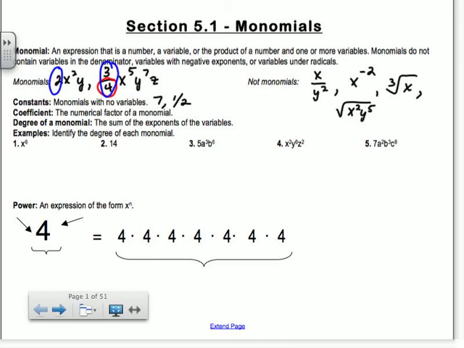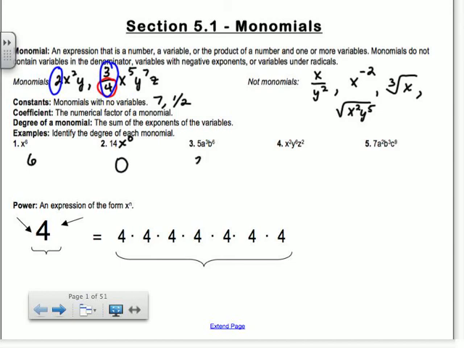Okay, so on number 1, my degree is going to be 6 because it's x to the 6th. Number 2, what's my degree for number 2? There isn't a degree? So it's not 1, it's 0, because there's no x's, it's x to the 0. So there's 0 for the degree.